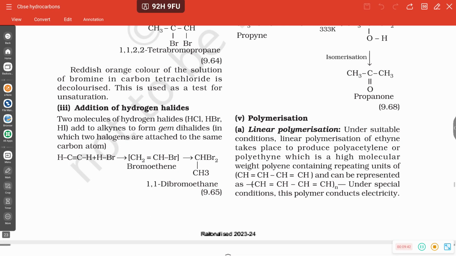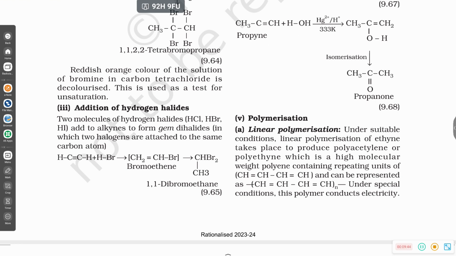Next, addition of hydrogen halide. Here the question is for an unsymmetrical alkyne; this one is symmetrical, so there is no problem here. Here I am attaching hydrogen, here I am attaching Br. This is vinyl bromide, it is formed. Bromine contains a lone pair, single and double, so it has partial double bond character.